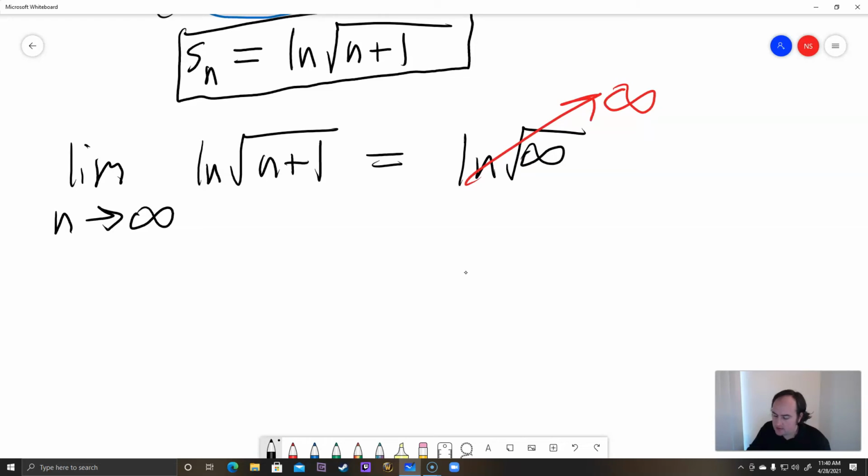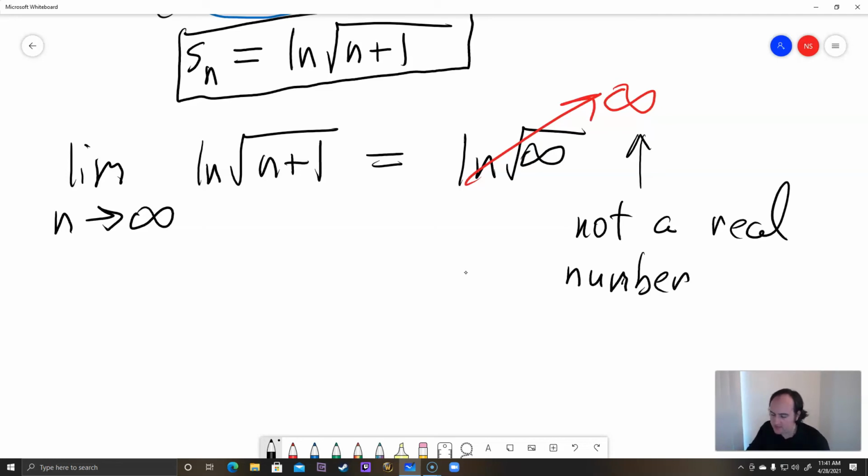Okay, so because the limit as n goes to infinity of s sub n isn't a real number, it's infinity, not a real number, that means the limit doesn't exist. Because infinity isn't actually a number. Infinity is forever.